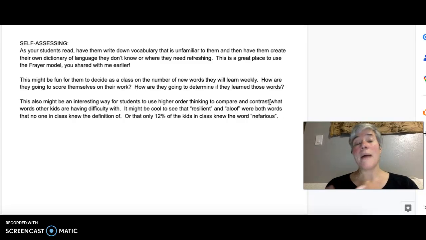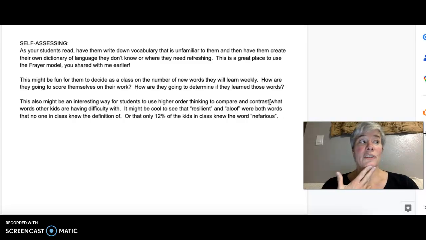I would also say the same for their reading comprehension. How are they going to determine that they understand what it is that they're reading? Are they going to rewrite or summarize what they have read? Is there a book test they can take? Can they talk about it? Are they going to just talk about what they read?